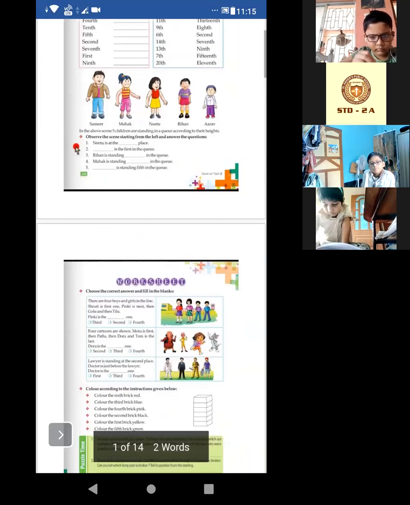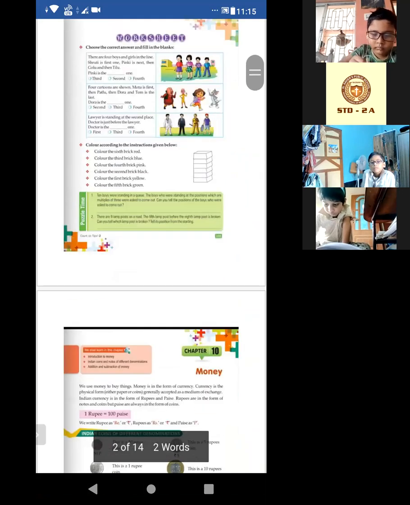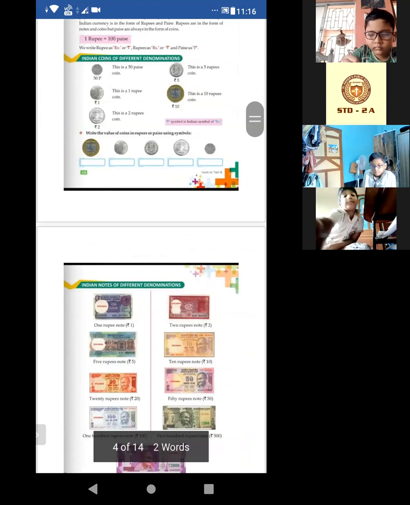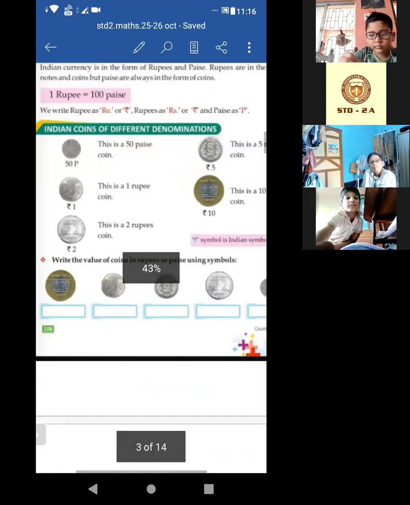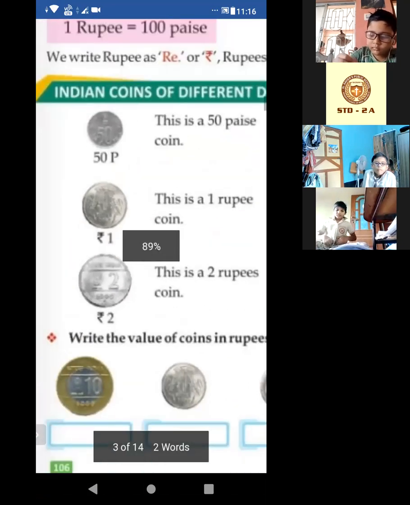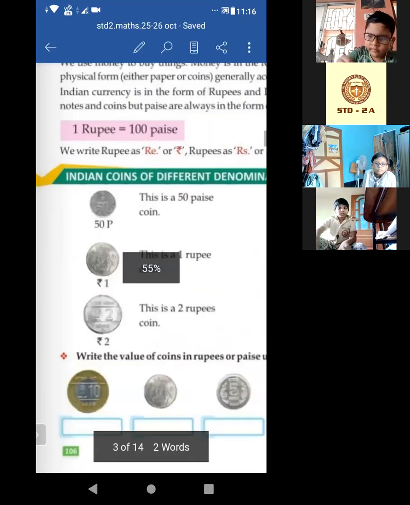All of you are able to see the screen? Look at this. Are you able to see it? Even in your book it is at page number 106.